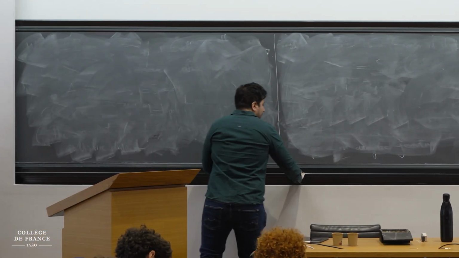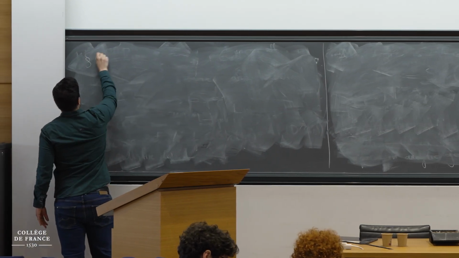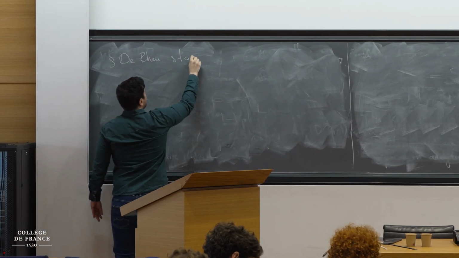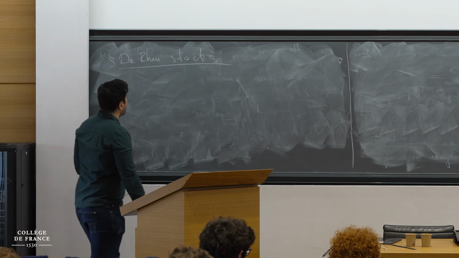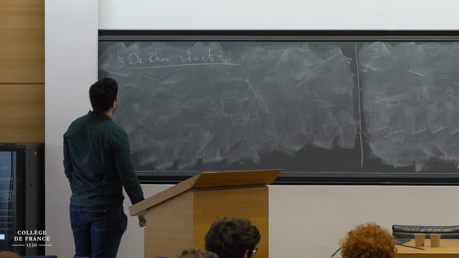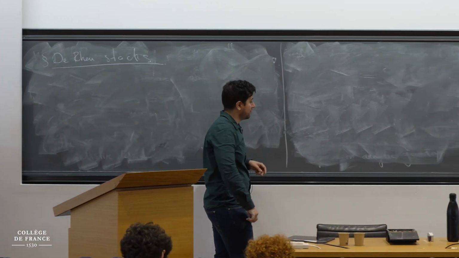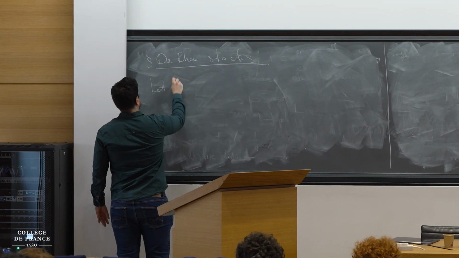So go back to the de Rham stacks. Let me just get first a definition and then improve this definition with some additional discussion. Let me just do it for a rigid variety.